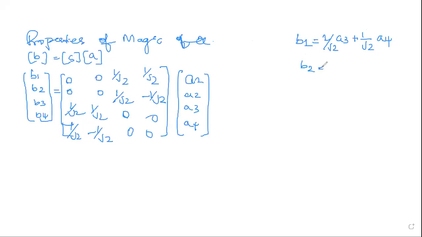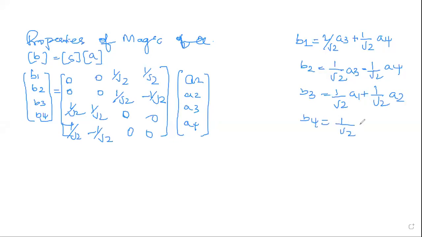B2 will be 1 by root 2 A3 minus 1 by root 2 A4. Similarly, write for B3 and B4. B3 is 1 by root 2 A1 plus 1 by root 2 A2. B4 is 1 by root 2 A1 minus 1 by root 2 A2.